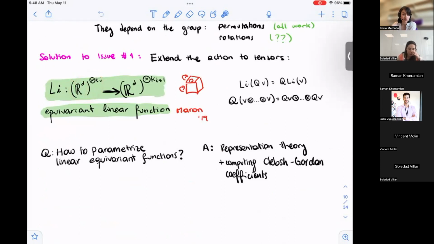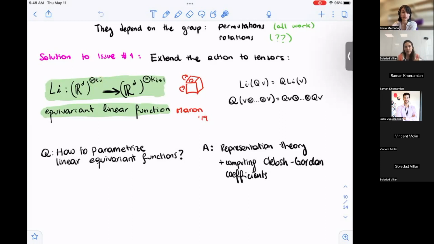The way the group acts on this tensor is by acting on each of the dimensions of the tensor independently, like this. And then they look at the linear equivariant functions in this tensor space. That is kind of generalizing it so that instead of just having the linear equivariant functions, you have something like the equivariant polynomials of degree the order of the tensor.